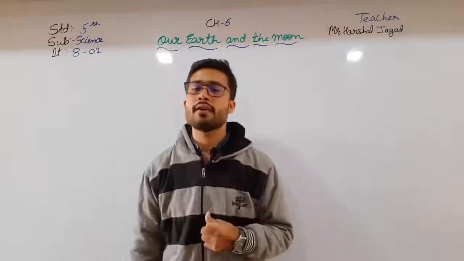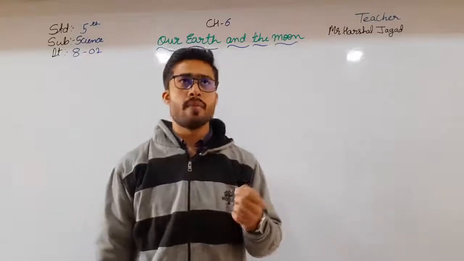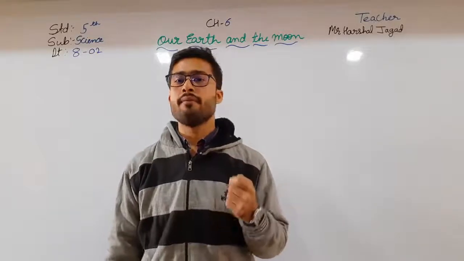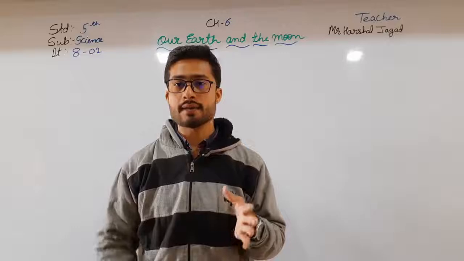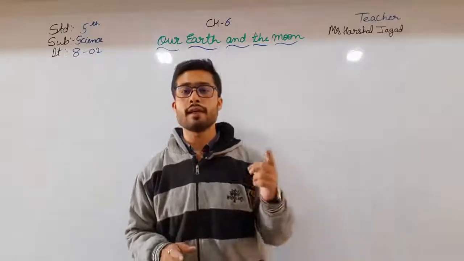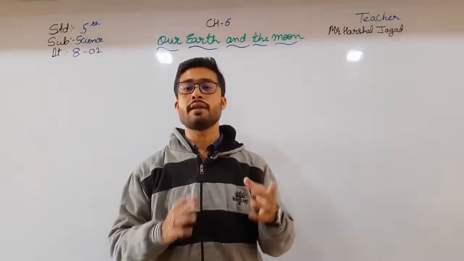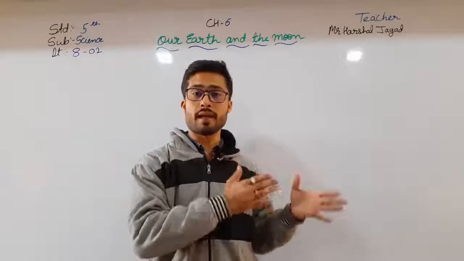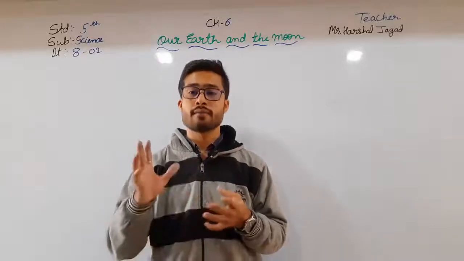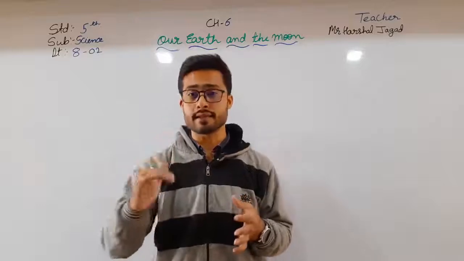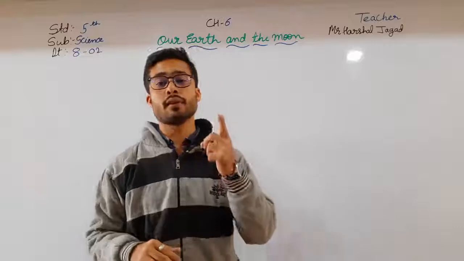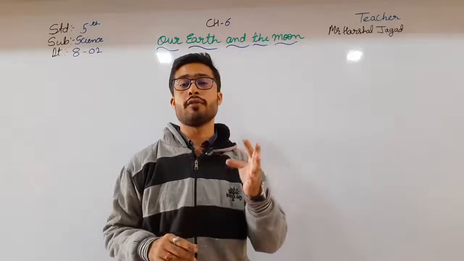Further, we have seen that the moon is special in the solar system. Why is it special? Because all the planets have different natural satellites like the moon, but the moon is the only one which is 1/4 the size of the planet it revolves around. The other planets have satellites of 1/6 the size of the planet, but the moon is 1/4 of the earth.